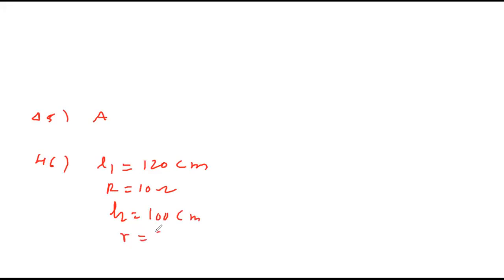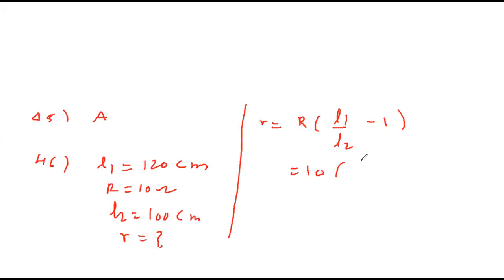What is the internal resistance? What is the formula for internal resistance? Capital R into L1 upon L2 minus 1. So 10 into 120 upon 100 minus 1. That is 10 into 20 upon 100. The zeros cancel. R is 2 ohms.